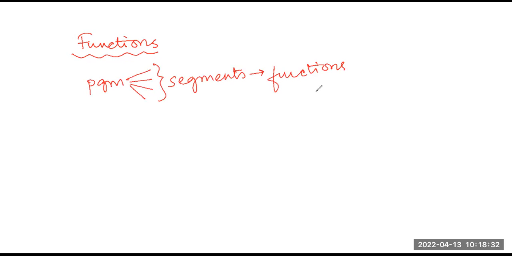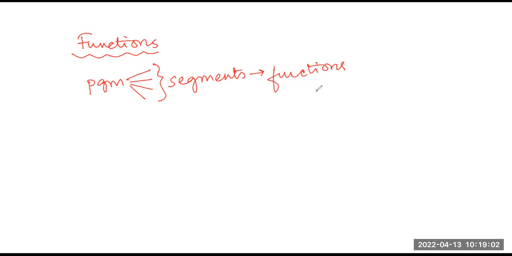Suppose I have a calculator program. There I can multiply, I can divide, I can add, I can subtract, the basic four. So these four I can write independently as four different functions. Instead of writing everything inside the main, inside the main I can just write the name of the function, and whenever the name of the function arrives, automatically the cursor will jump to where the function is declared.